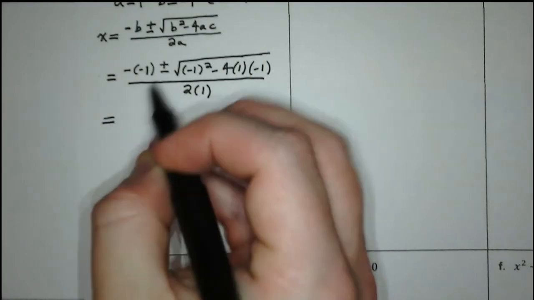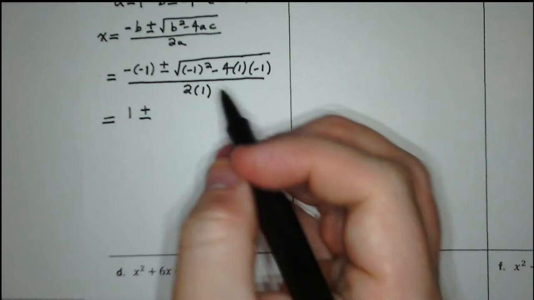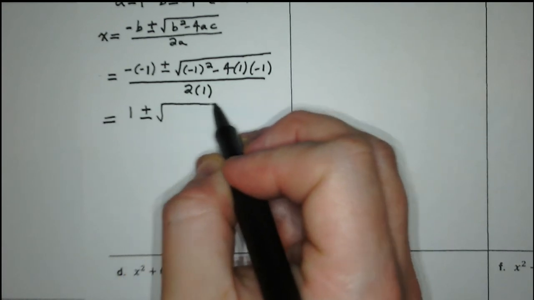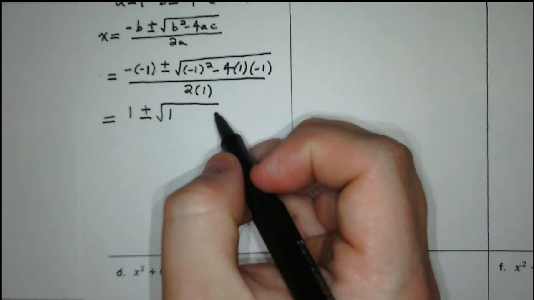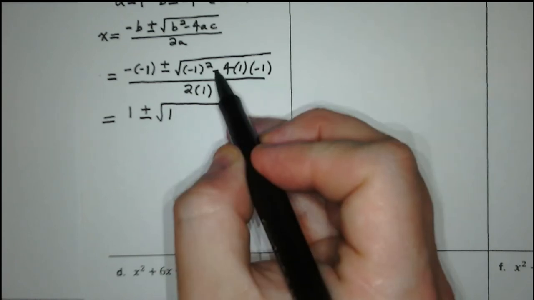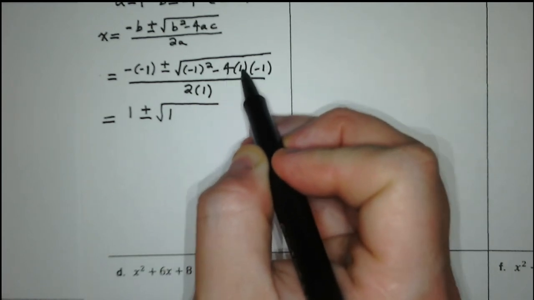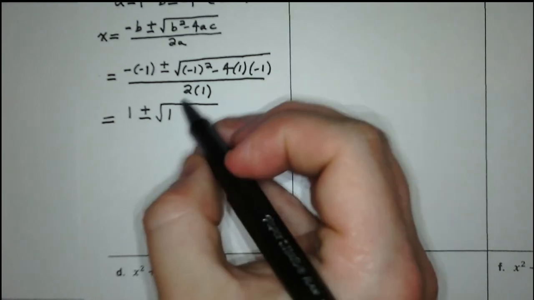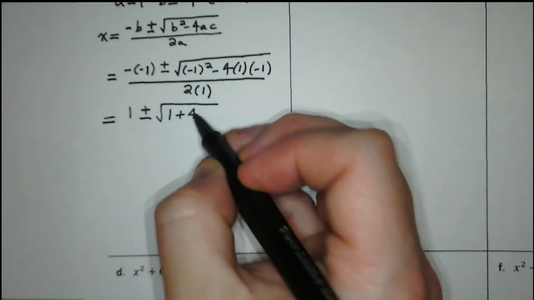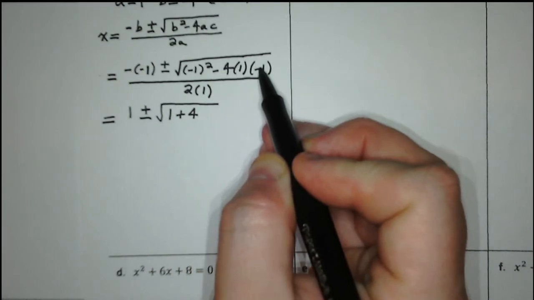So negative 1 is positive 1, plus or minus. And now a negative 1 squared is positive 1. And then this minus, okay, it's really a minus 4 times a positive 1 times a negative 1, and that ends up being positive 4. Negative 4 times positive 1 times negative 1.